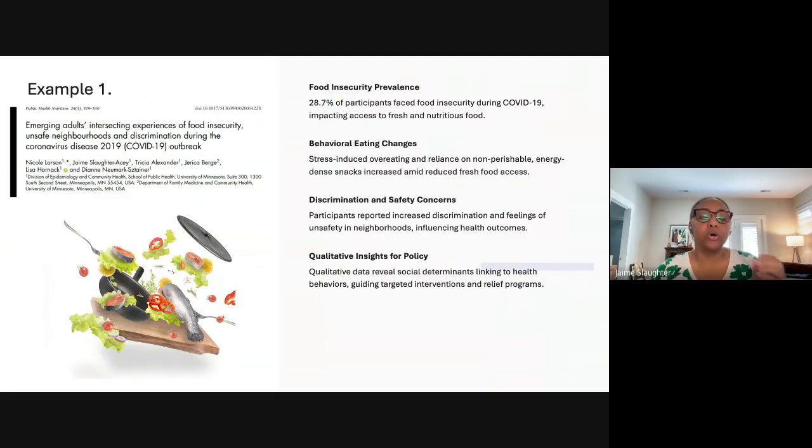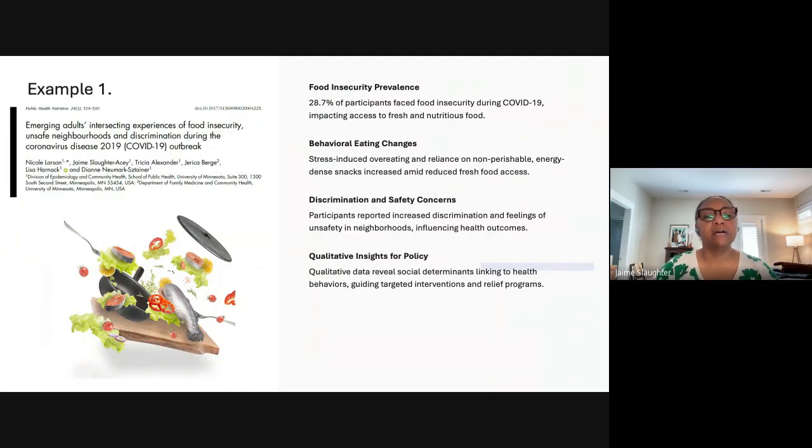From both the quantitative data and the qualitative data, we were able to note that some participants reported increased discrimination and feelings of not being safe in their neighborhoods, and these things may be influencing their health outcomes, right?